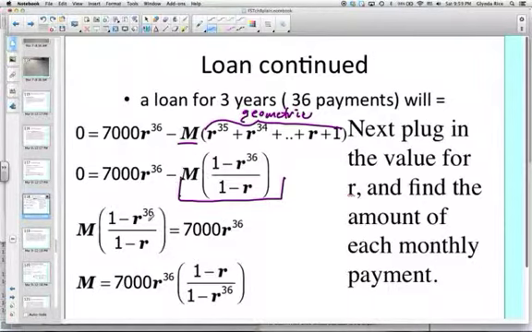And then we're going to divide both sides by this because it's M times this. Well, instead of dividing by a fraction, we're going to multiply by its reciprocal. You see the reciprocal over here. So the monthly payment equals the amount borrowed times R to the 36th times the quantity 1 minus R over 1 minus R to the 36th. So that's how we derive the formula for finding the monthly payment.